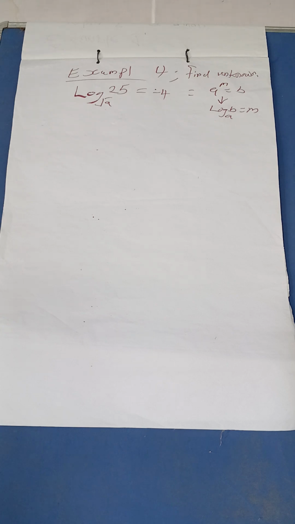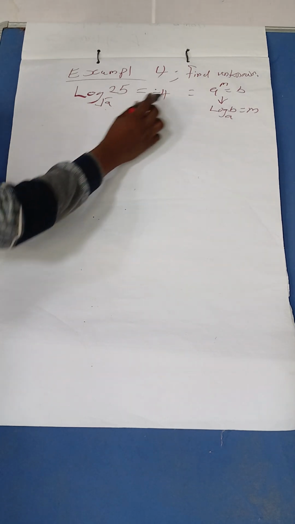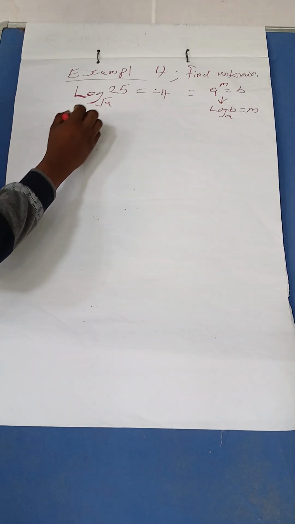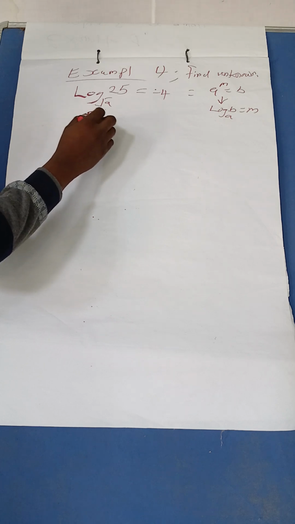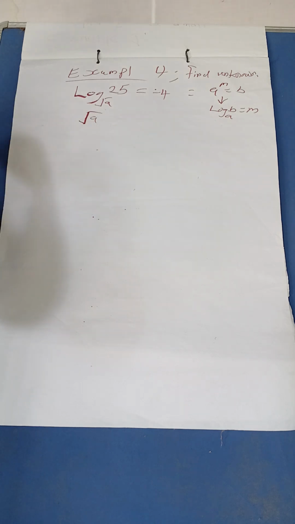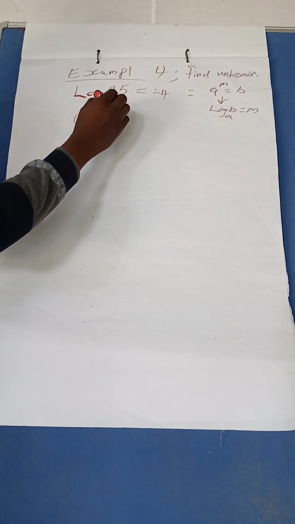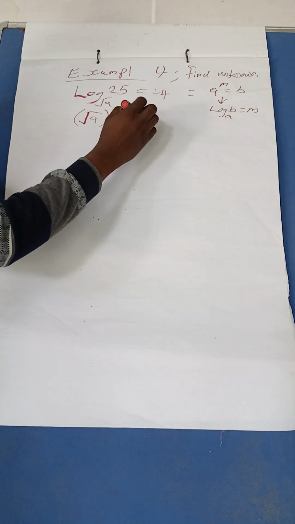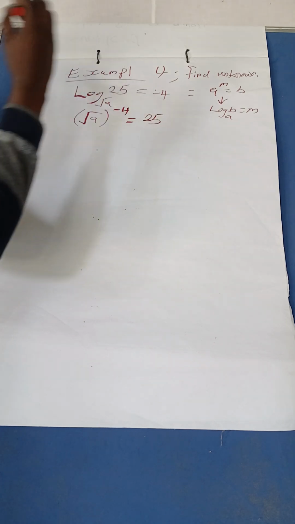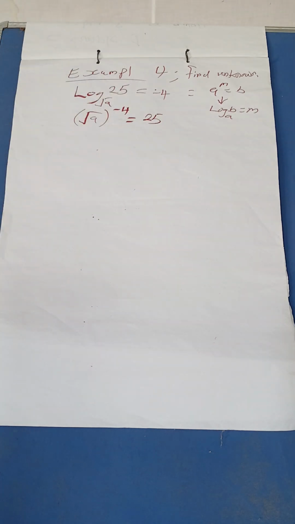It's very simple. If I apply this, it means it will be root a power negative 4 is equals to 25. Very easy that way. Now I will proceed.